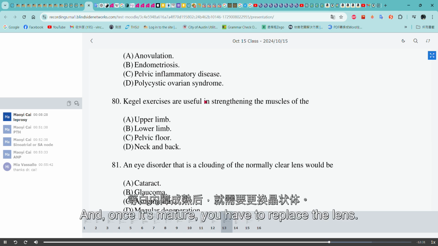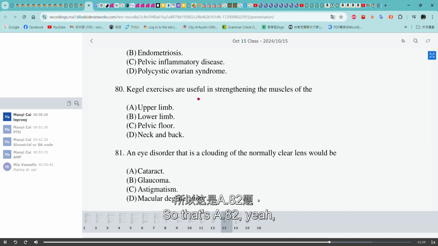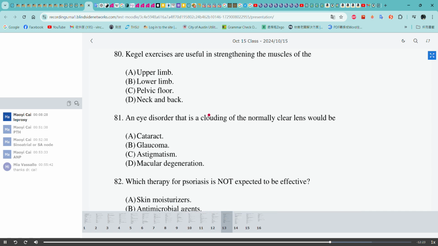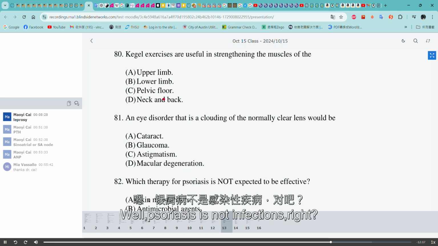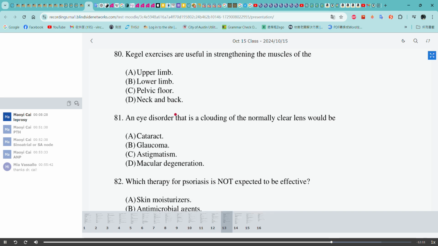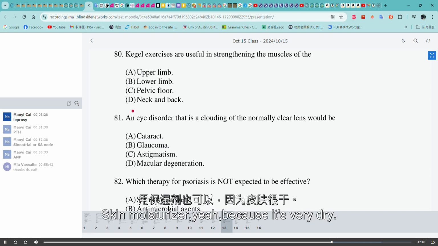Cataract, lens becomes cloudy, right? And when it's mature, you have to replace the lens. So that's A. 82. Yeah, which therapy is not expected to be effective for a patient with psoriasis? Well, psoriasis is not an infection, right? So antimicrobial is not effective. Steroids, yeah, could be. Yeah, it's very bad. Skin moisturizer, yeah, because it's very dry.